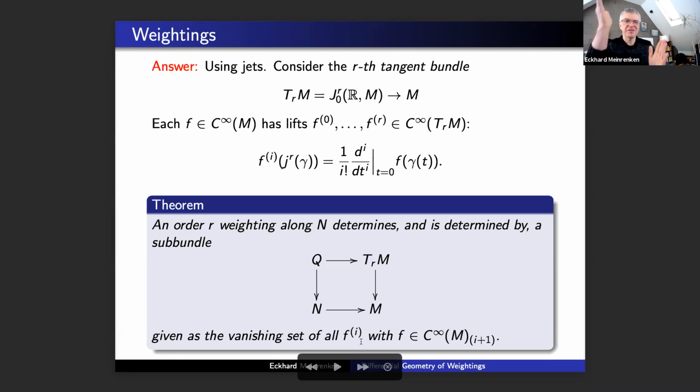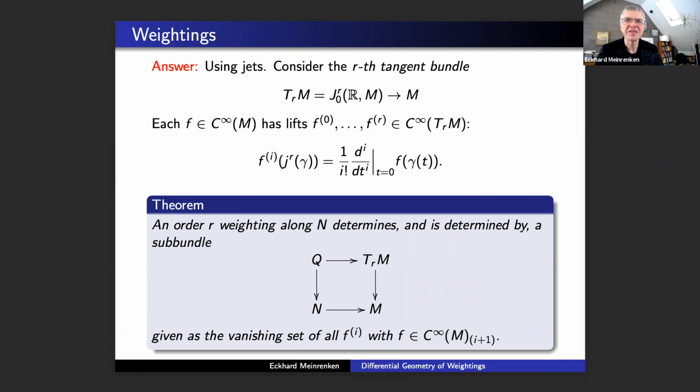The subset which is cut out by those lifts, that's this Q. So the first observation in this work with Yannis is that if you have an order r weighting, it determines this subbundle, and conversely, by basically the same prescription, you can go back and recover the filtration from that. The weighting, that is, the filtration of the algebra of functions.